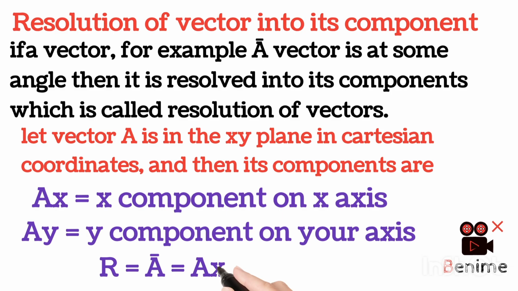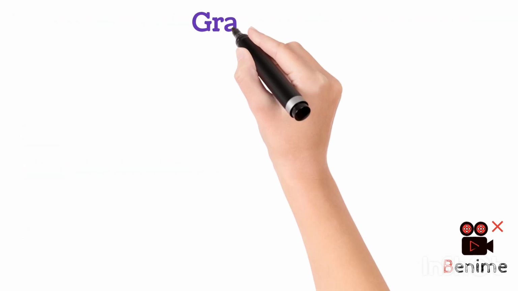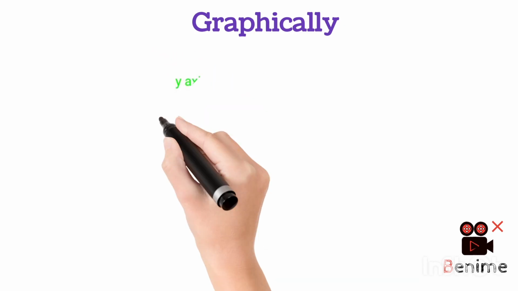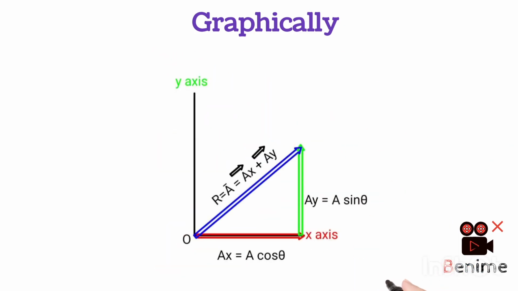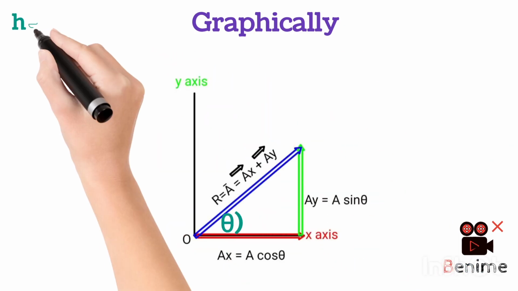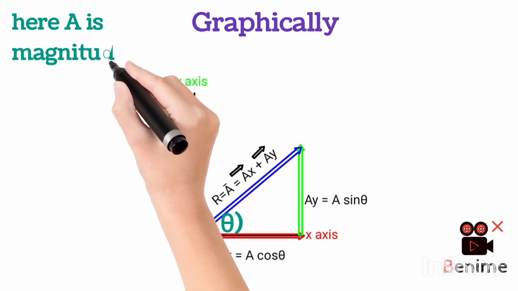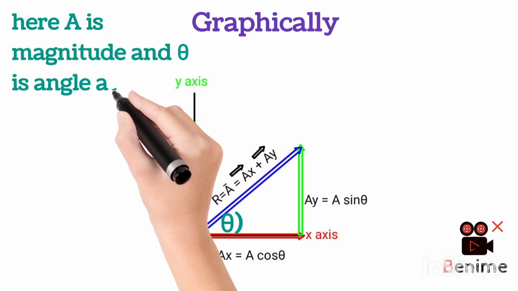The horizontal component along the x axis will be written as A x equals magnitude of A into cos of theta, whereas the vertical component along y-axis is written as A y equals magnitude of A into sin of theta.